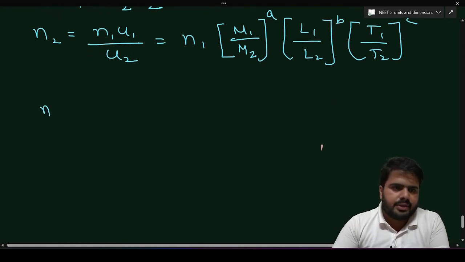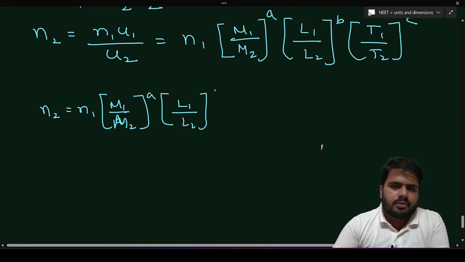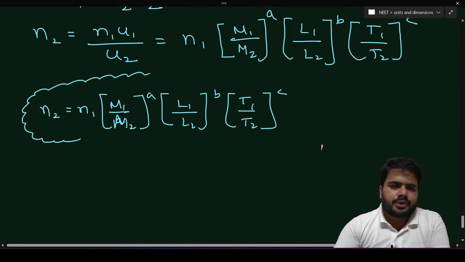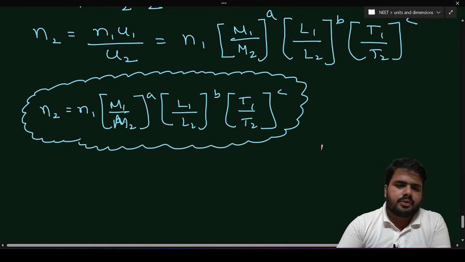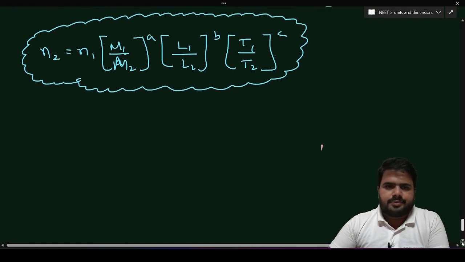Again I am writing n2 equals n1 into m1 by m2 whole to the power a, l1 by l2 whole to the power b and t1 by t2 whole to the power c. Clear? So this is the formula. We'll use this formula to convert one system of unit into another system of unit. Okay, so let us take an example.